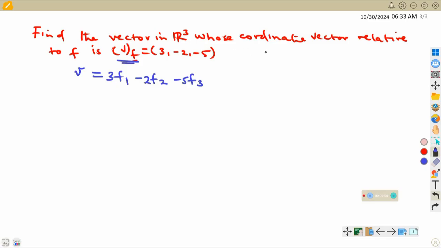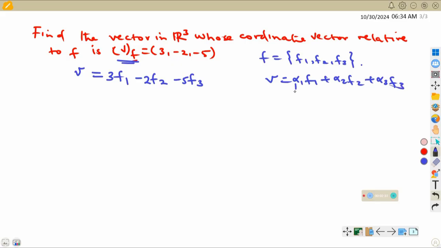So we were given our f, which contained f1, f2, and f3, and we are using the same basis to answer this question. To get the vector v, we have to write v as a linear combination of the vectors in f using these scalars, the same way we had v written as alpha 1 f1 plus alpha 2 f2 plus alpha 3 f3.